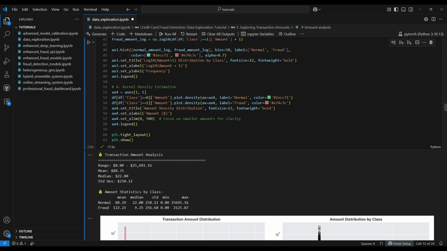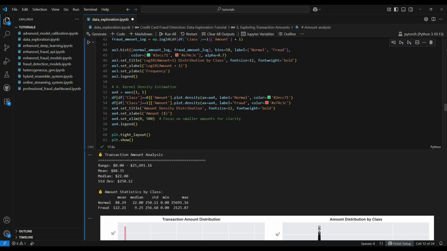The value range is from 0 to 25,691.16, and the mean is 88.35, but the median is just 22. That difference tells us we have big outliers pulling up the average.